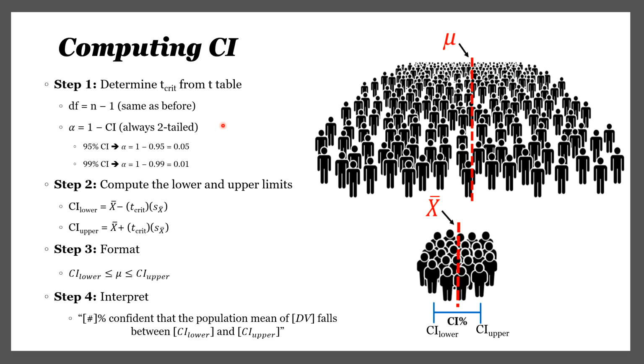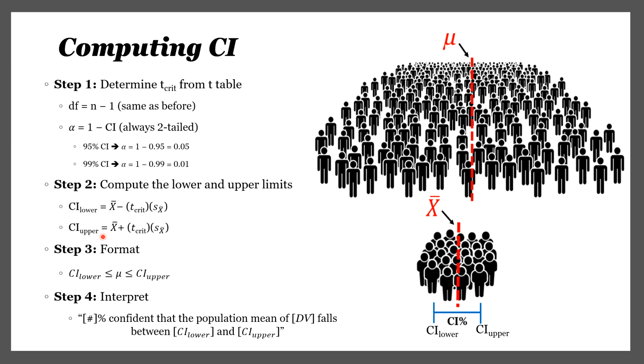Next, we want to compute the lower and the upper limits that define the confidence interval. And here is the formula. The lower limit is x bar, the sample mean, minus the critical t value from step 1, times the standard error, which is the standard deviation divided by the square root of n.